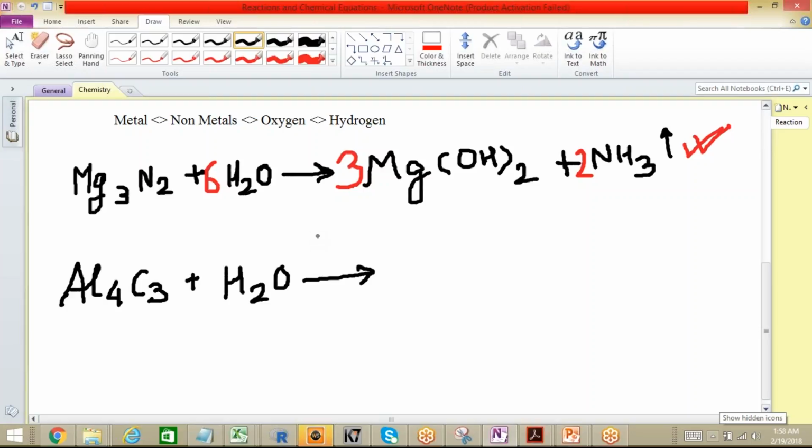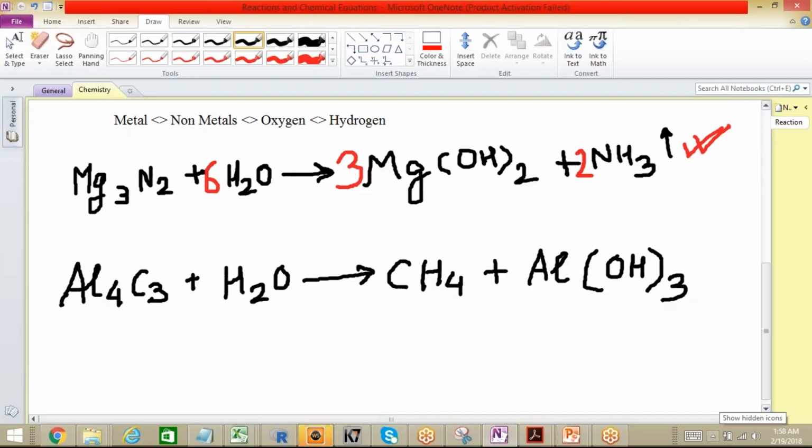Now the output is methane, first of all. Then we have the output aluminum hydroxide, AlOH3. Fine. Al4C3 plus H2O, the output is methane, and AlOH3 is aluminum hydroxide.